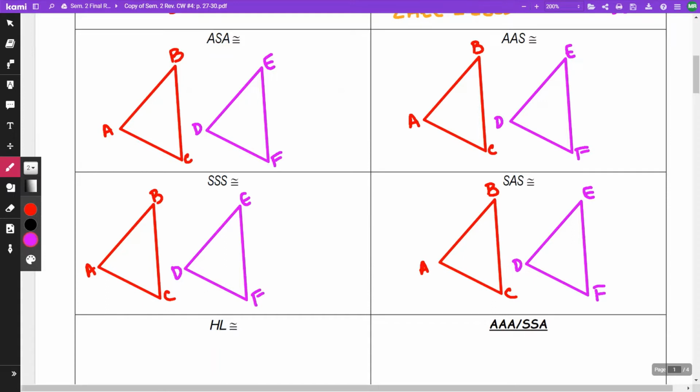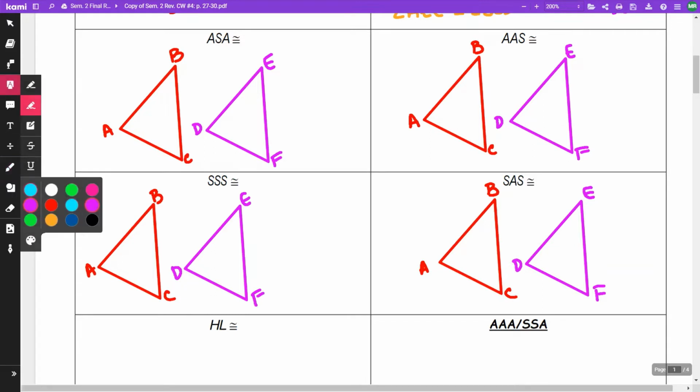Okay. Now these four are congruent triangles properties. So the first one is angle, side, angle. So what that would be is the following. Let me kind of highlight. So angle, side, angle. So for example, let's say we know angle A is the same as angle D. Let's say we know angle B is the same as angle E. So in both triangles, I have those two angles.